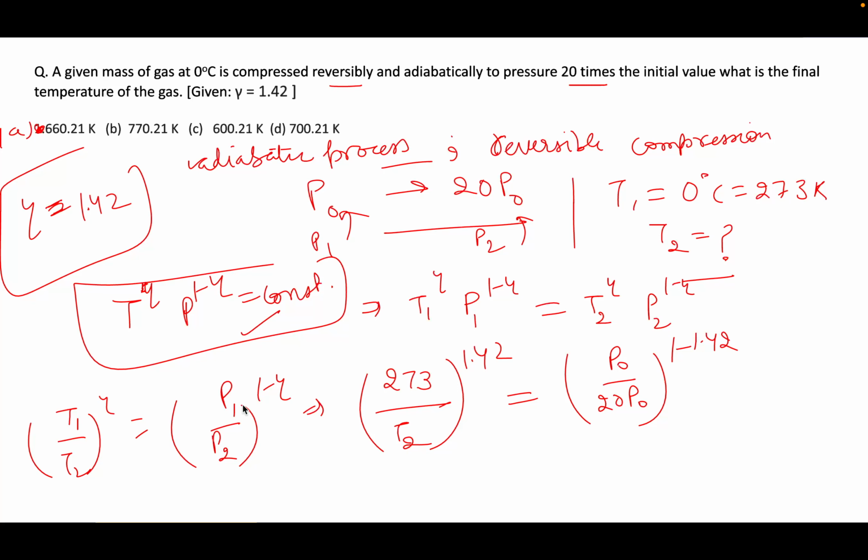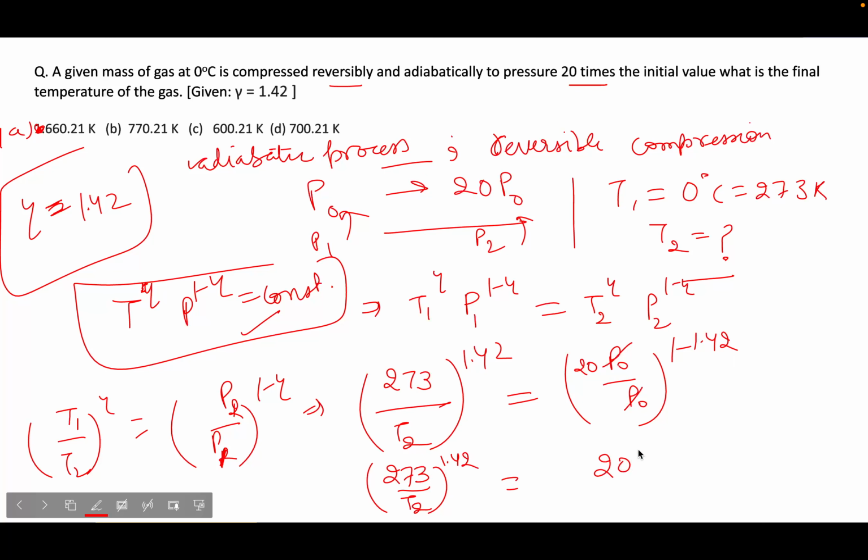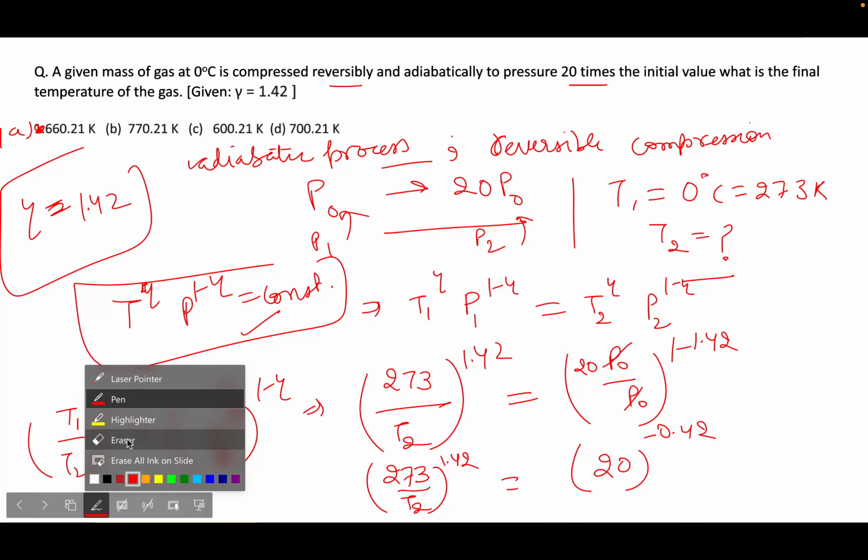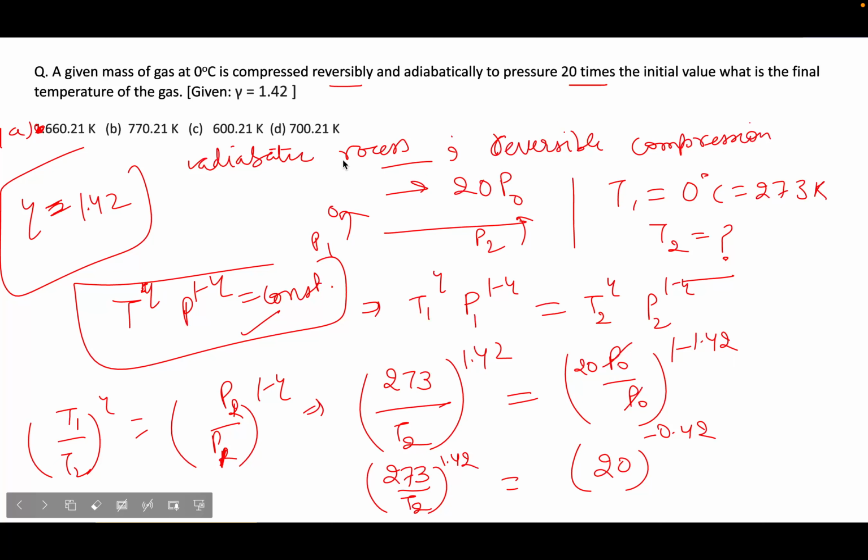Let me see it again, okay, I have made a mistake. This is P2 by P1, and this is 20 P naught by P naught, so it will cancel out. So this is 273 by T2 to the power 1.42 is equal to 20 to the power minus 0.42. So we can solve this.